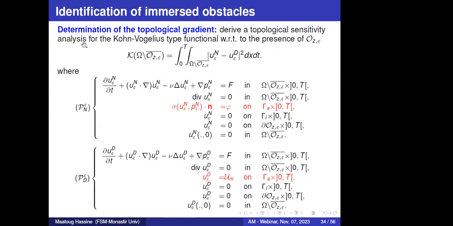In the presence of a small obstacle, this design function is defined by this expression, where u epsilon is the solution to this Navier-Stokes problem with a Neumann boundary condition on the accessible surface. However, u epsilon d satisfies the Navier-Stokes equation with a Dirichlet condition on the accessible boundary.